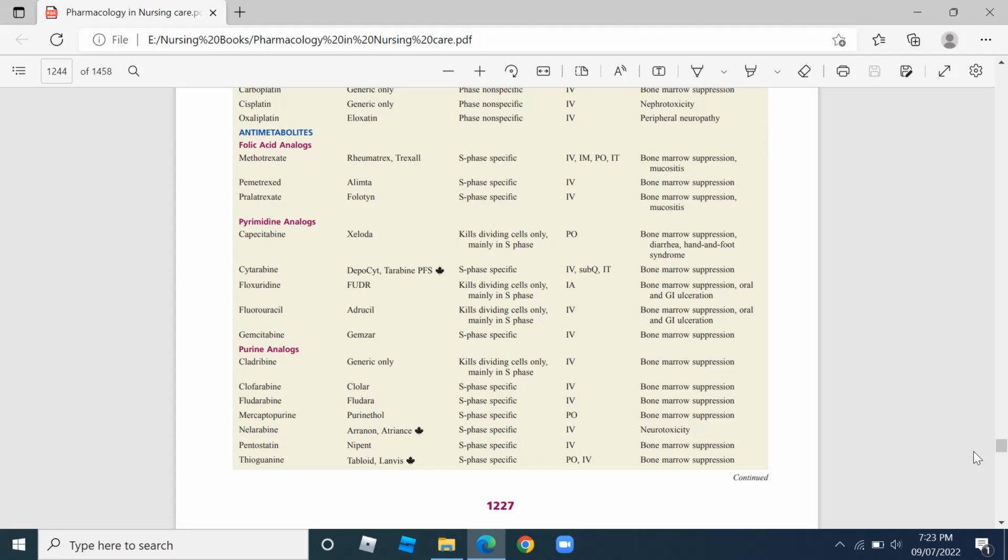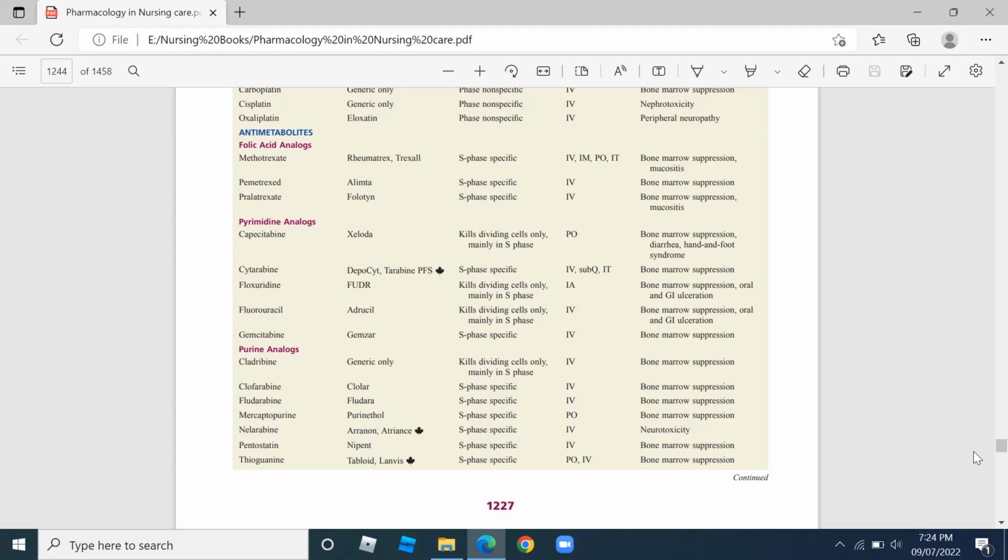You may see that these antimetabolites are basically S phase specific, and in pyrimidine analogs you may also see that they are not only S phase specific but can kill dividing cells only. It is mentioned here in front of capecitabine, floxuridine, fluorouracil, and cladribine.